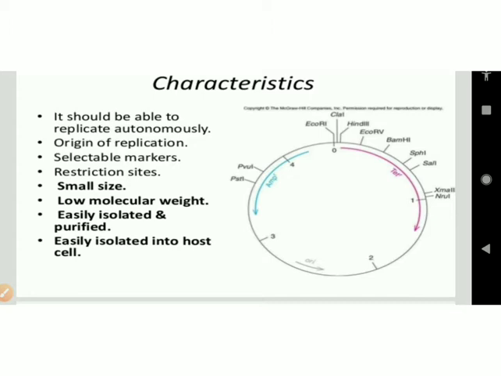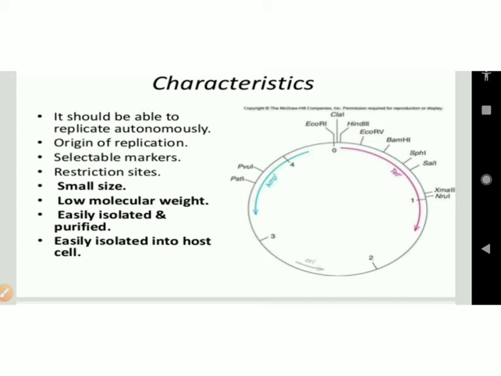For the selection, isolation or identification of the cells with the inserted vector, a selectable marker is required, like penicillin susceptibility or resistance.